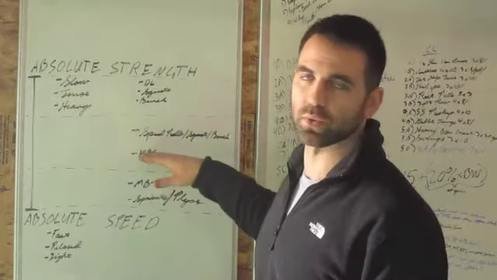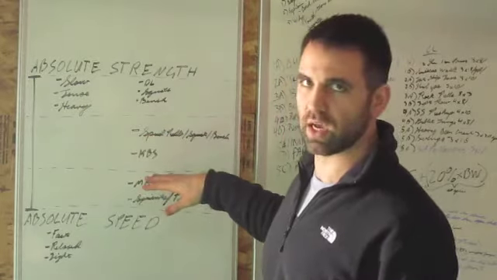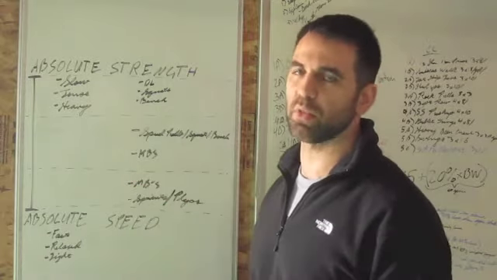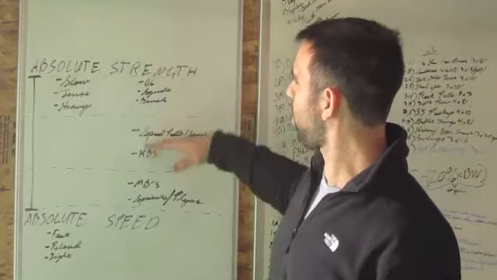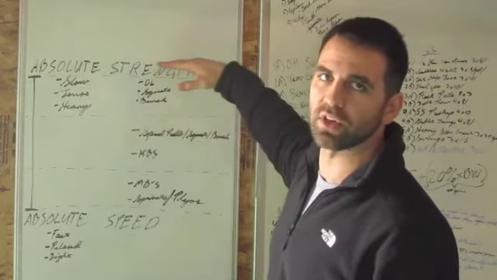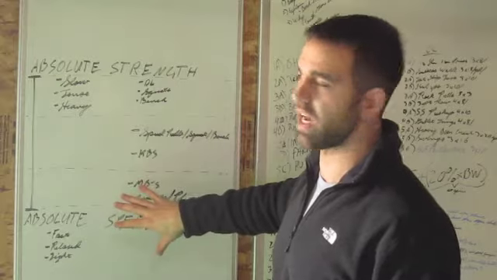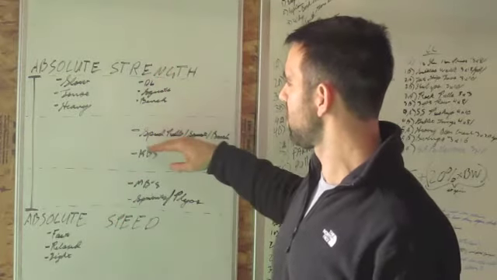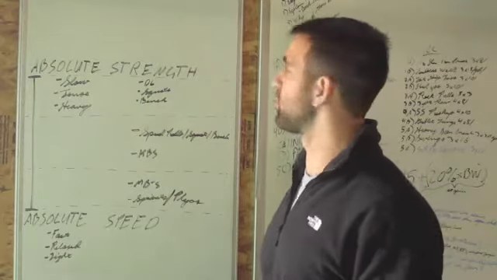This is also where kettlebells would be, somewhere in here. A little further down, more towards the absolute speed end of the spectrum, would be medicine balls. But postseason, we're going to be working more towards that middle to upper level of the absolute strength end of the spectrum, because they just spent so much time throughout their season down here. Now we're going to work more in, but we're going to come down here and add some kettlebells and some speed pulls and some different things like that.